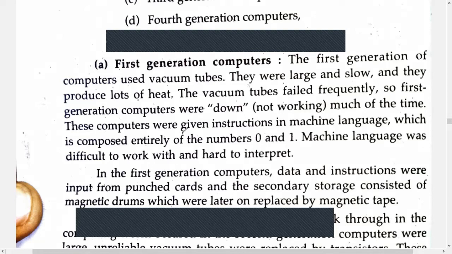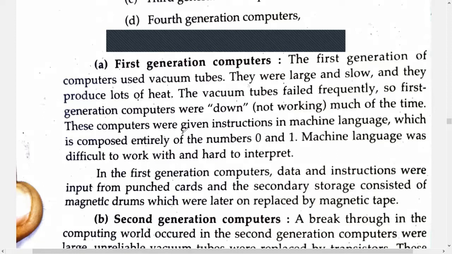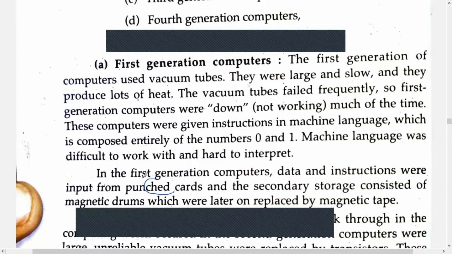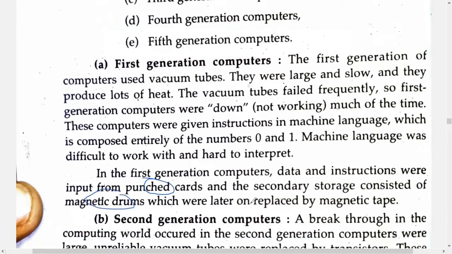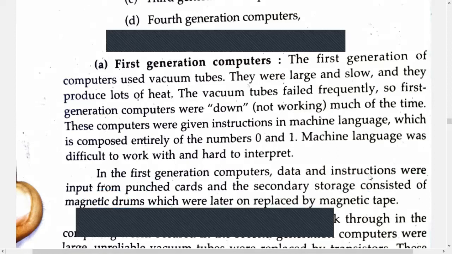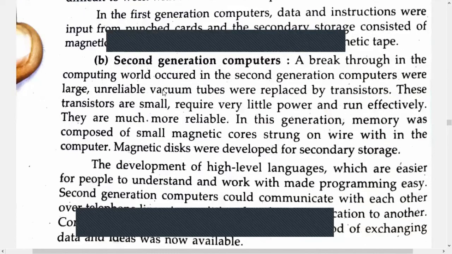Machine language was difficult to work with and hard to interpret. It is like coding and decoding. You have to convert every piece of information into these numbers. That's how the first generation computers worked. They used punched cards and magnetic drums, which were later replaced with magnetic tape, and magnetic tapes were also converted into other ones.